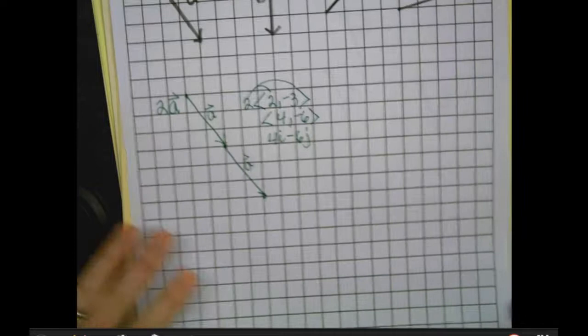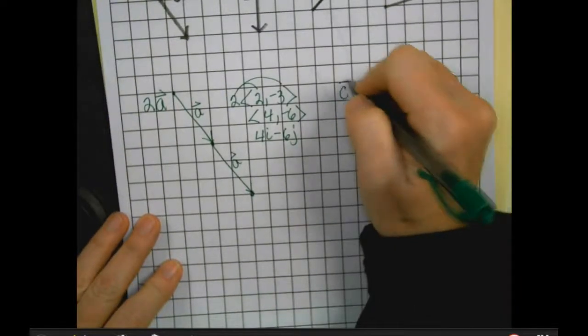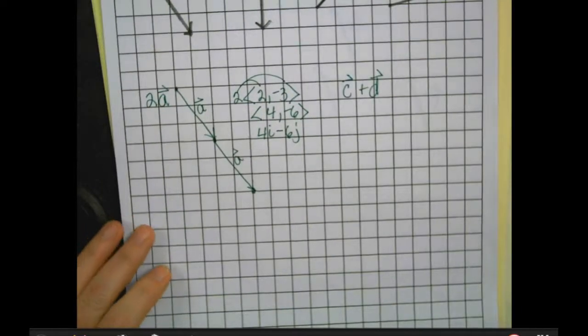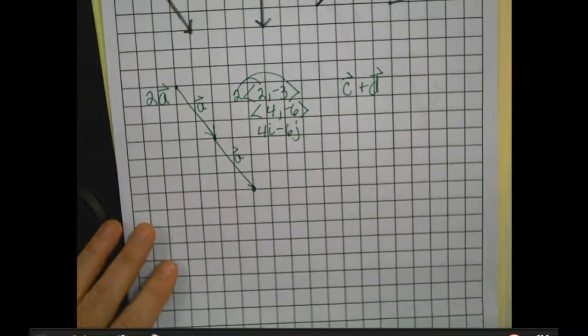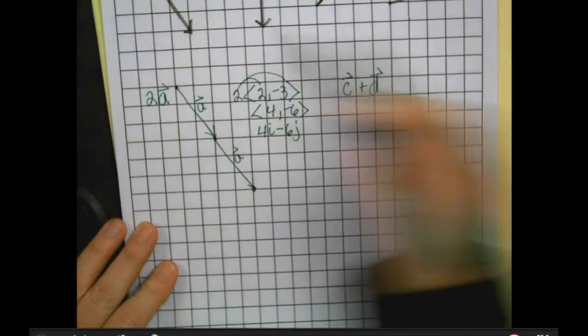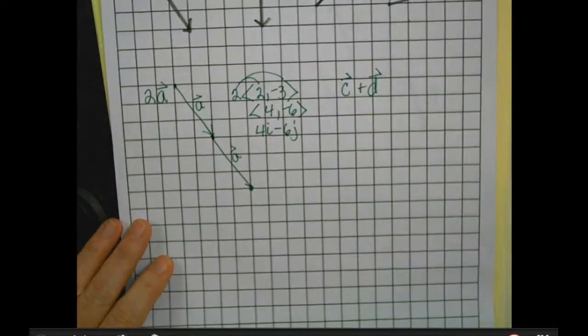All right, I want to do a triangle one now. We're going to add C and D. So these right here, that's why we have the paper. You have the paper. You can see the C and D, okay?